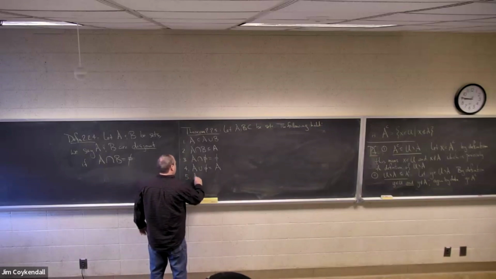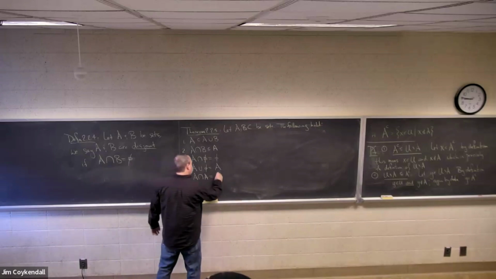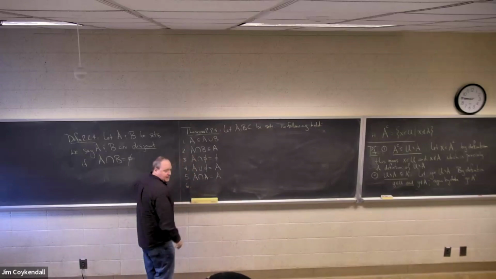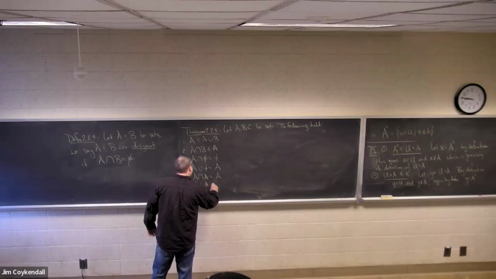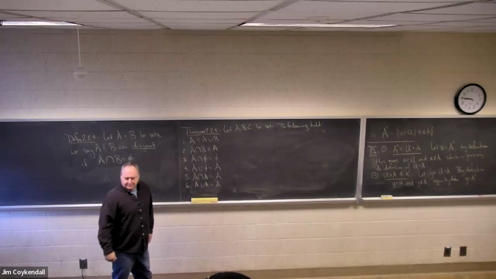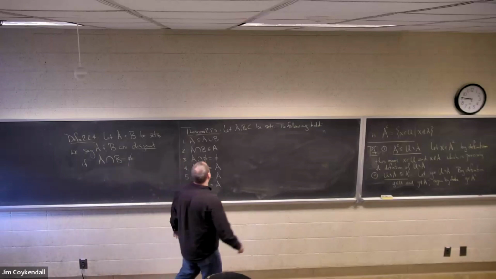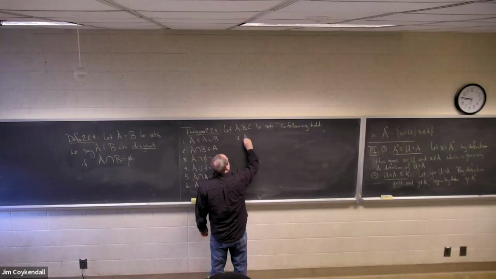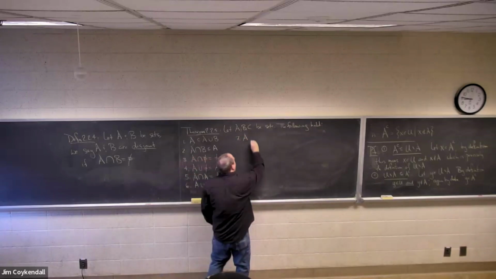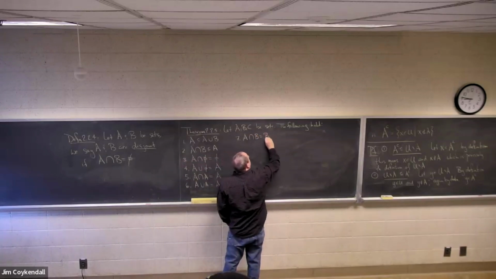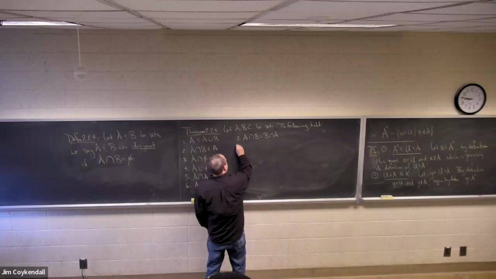What happens when you intersect a set with itself? It should be the set itself, right? What happens when you union the set with itself? Also A. It doesn't matter what order you intersect sets in, you get the same result.